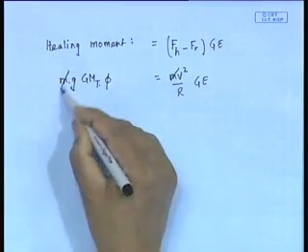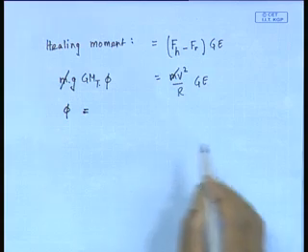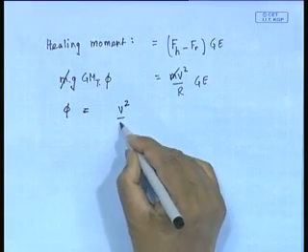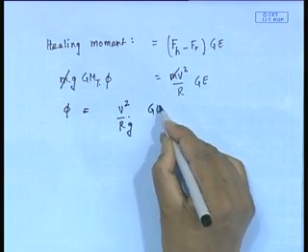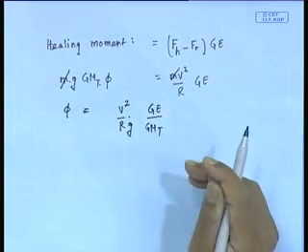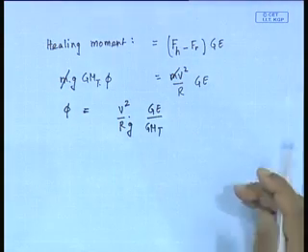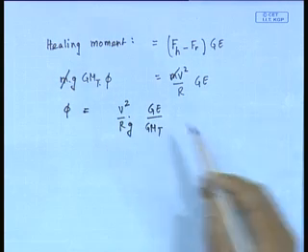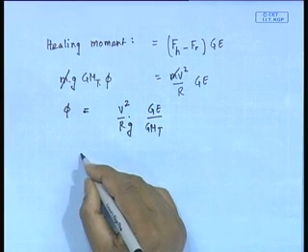M gets cancelled out. Very simple. This is only approximate.